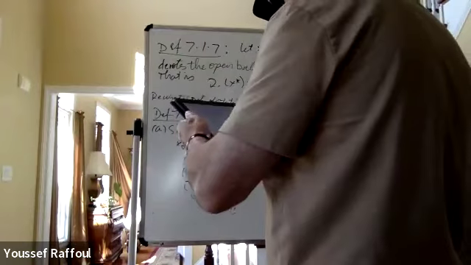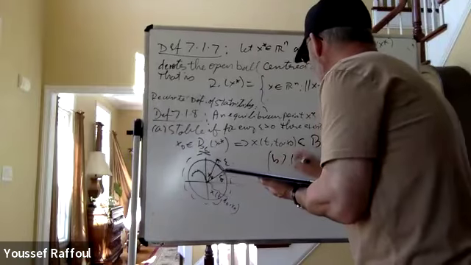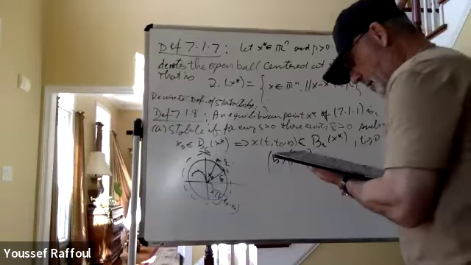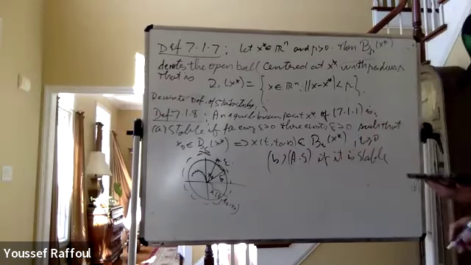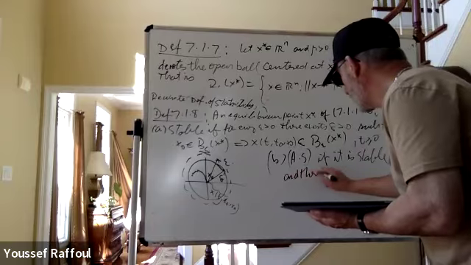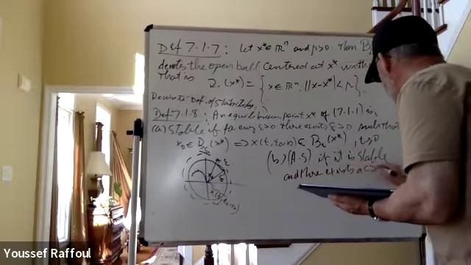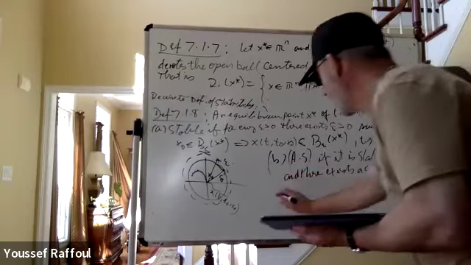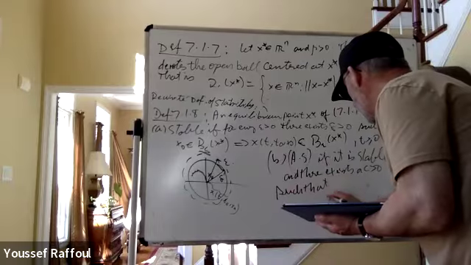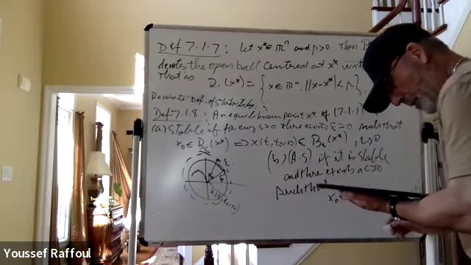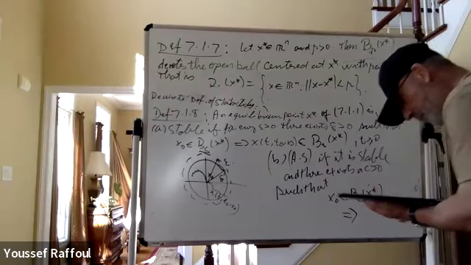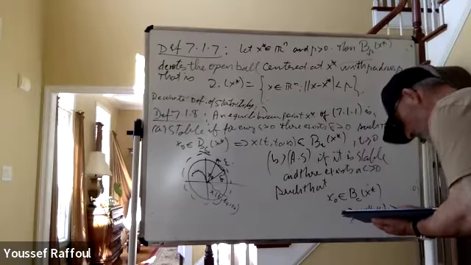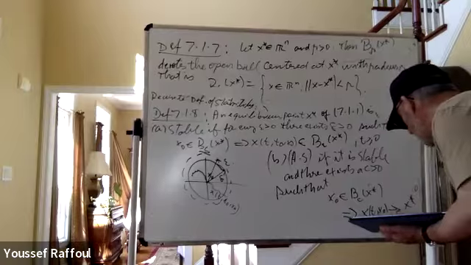Okay? So the equilibrium is asymptotically stable if it is stable, and there exists a C positive such that x naught belonging to B_C of x star implies x(t, x naught) goes to x star as t goes to infinity.